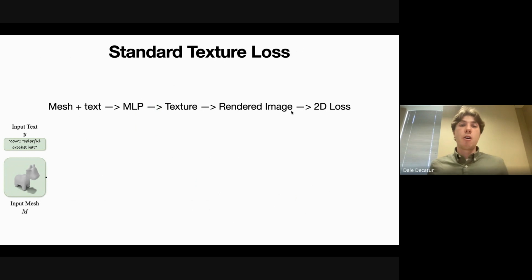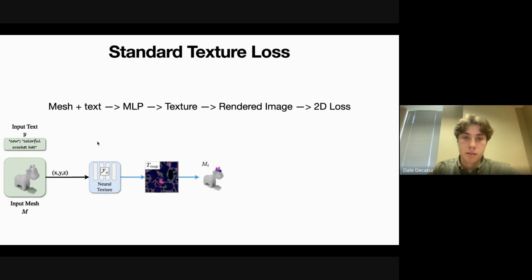So here's how our overall pipeline works. This is sort of a rough idea. We have our input mesh, which here is a cow, and then some text, which is going to describe a colorful crochet hat. And this describes our edit. Then, for those same coordinates on the surface that we just talked about in the previous slide, we're going to use some neural network, in this case an MLP, to predict texture values, and then map those texture values back to a texture map.